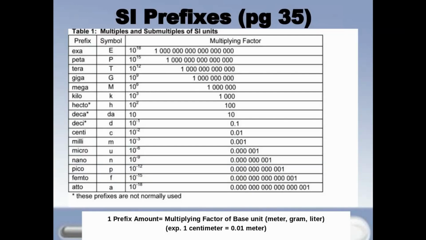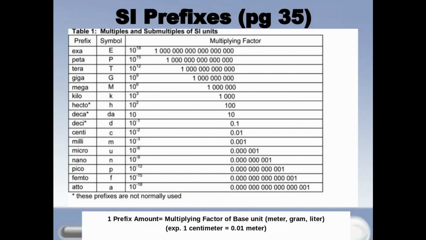This chart you will be very familiar with. I will give you a physical copy, but this is kind of what it looks like. So SI prefixes, these are prefixes used in the metric system to mean different amounts. So in the English system, we're used to feet and inches to mean different increments in size.